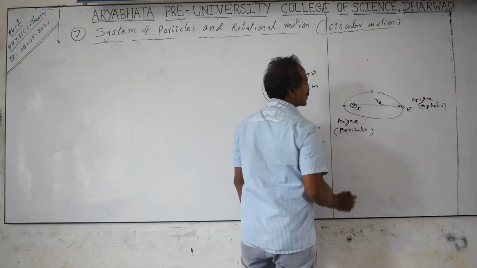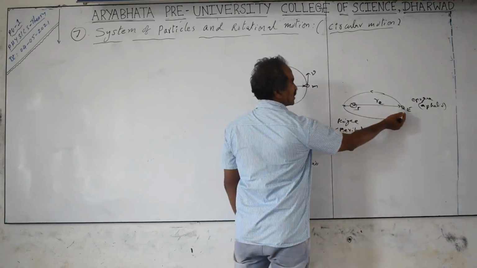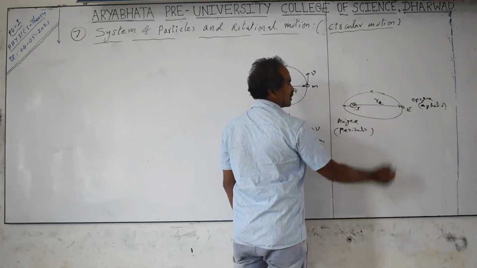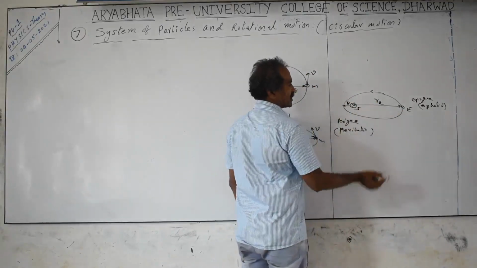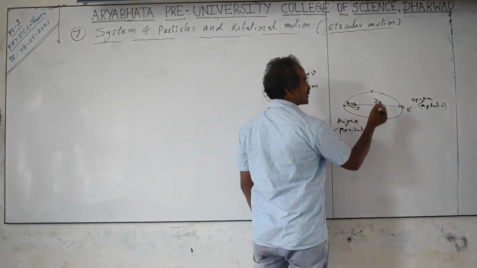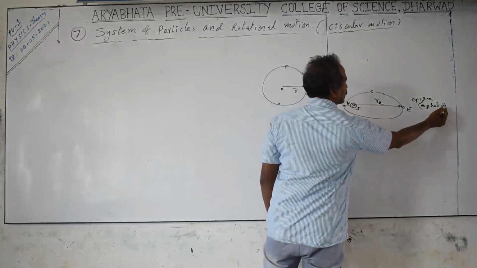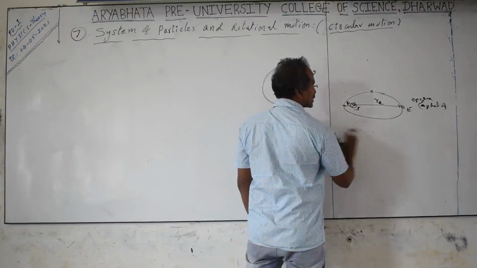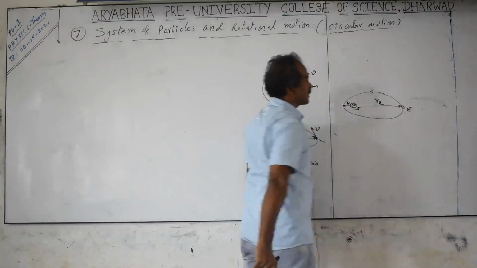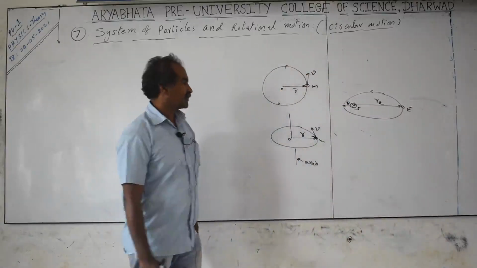From the foci point to the extreme ends, the maximum distance and the minimum distance for elliptical paths are called apogees and perigees. For helio, meaning sun, specifically we have aphelion and perihelion. Those names are not important right now; you will learn them in the gravitation topic.